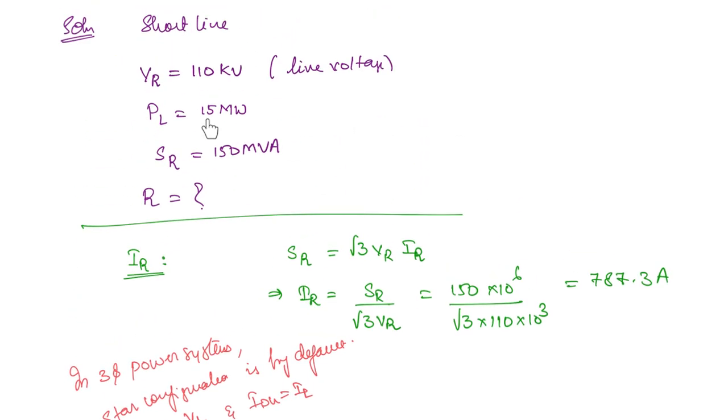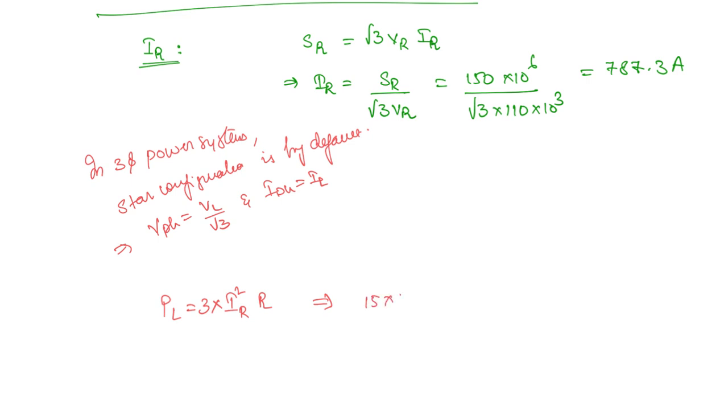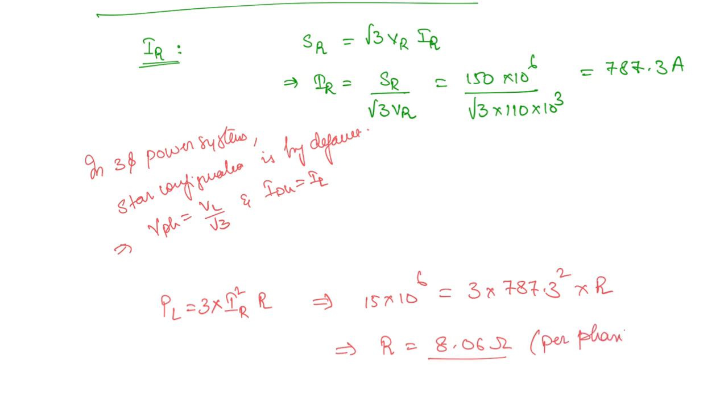It is given as 15 megawatts. So 15 into 10 to the power 6 is equal to 3 into 787.3 whole square into R. So here you will get R equal to 8.06 ohms. This is the per phase resistance.